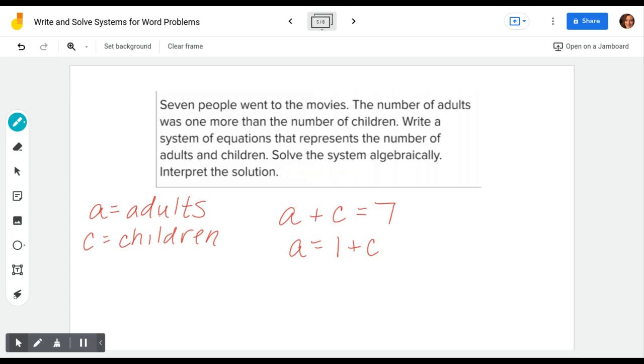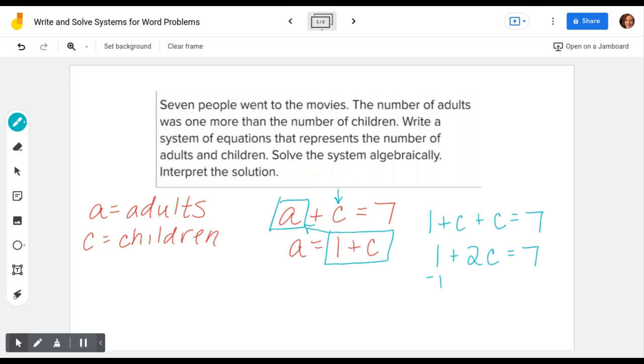To solve my system, I'm going to take this expression for A and put it into the other equation in place of A. So instead of saying A plus C, I'm going to say 1 plus C, and then I still have plus C equals 7. So that becomes 1 plus 2C equals 7.